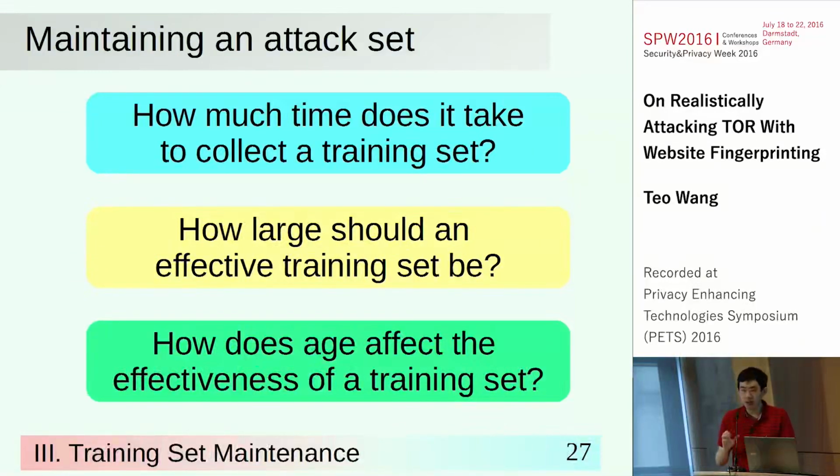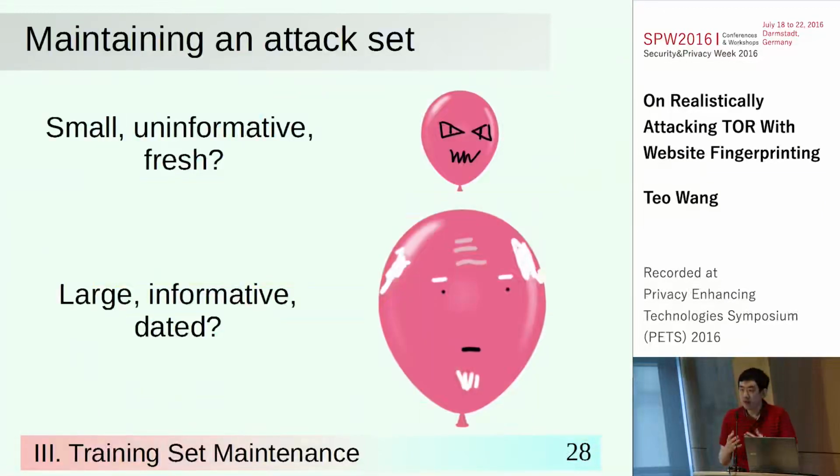So it's a bit of a balancing problem here, and it's related in a multiplicative sense. The answer to those questions is, for the first one, it takes about 15 seconds to load a single packet sequence. For the second one, a large effective training set, for our problem, is about a few thousand packet sequences, and we're going to look at how age affects the effectiveness. We really have a trade-off issue here.